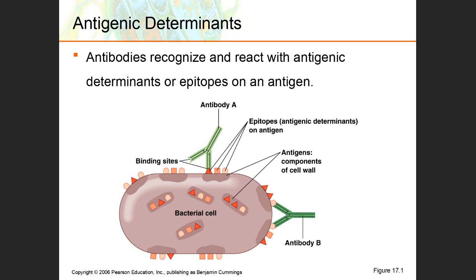And so the immune system can make antibodies against those different parts. In this cartoon example, antibody A specifically binds to the triangular shaped antigen. Antibody B binds to the round one. So these are two different antibodies, and they bind to two different epitopes or two different antigenic determinants.